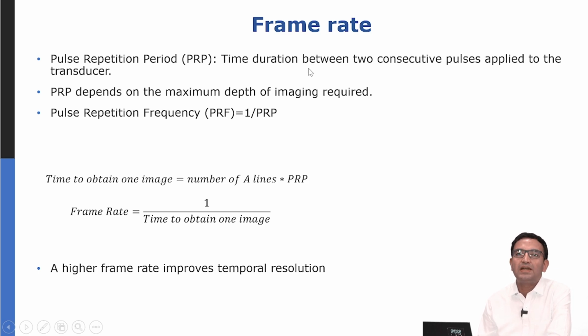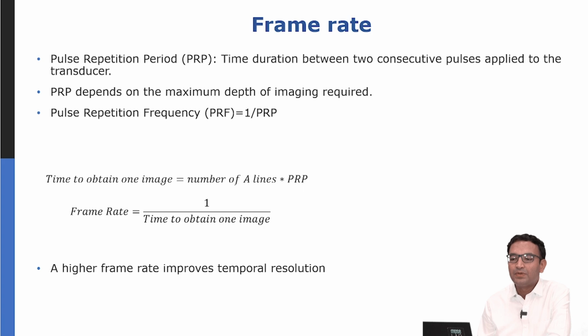And once you have waited enough for the adequate depths so that the signal comes back to you and some of the residual signal dies out, then you can send the next pulse. So now, like I said, the pulse repetition frequency can be calculated as the inverse of the pulse repetition period. The time taken to acquire one image depends on the number of A lines times the pulse repetition period.